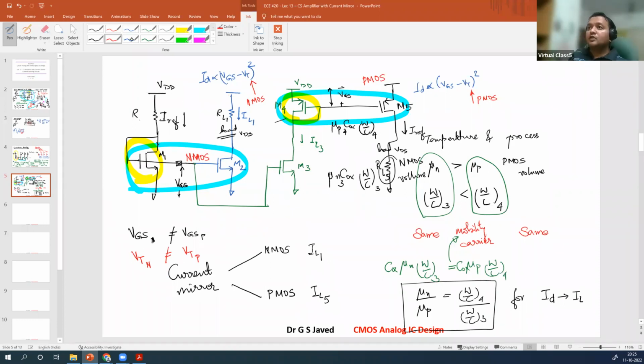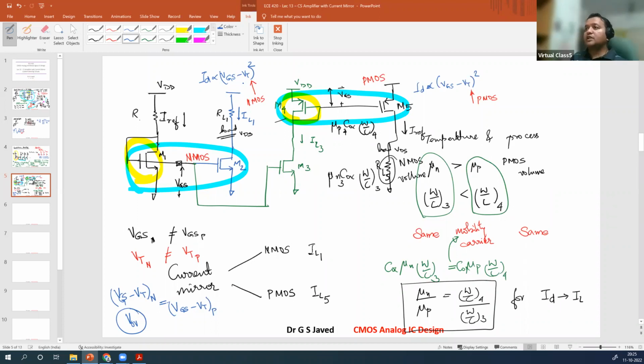But there is one particular relationship you can maintain. What is that? You can maintain VGS minus VT of N. The difference between the two can be maintained to be the same, and that is called the overdrive voltage, VOV. Now, if you maintain that the same, the current can essentially remain the same because the current is not dependent on the absolute value of VGS and VT.